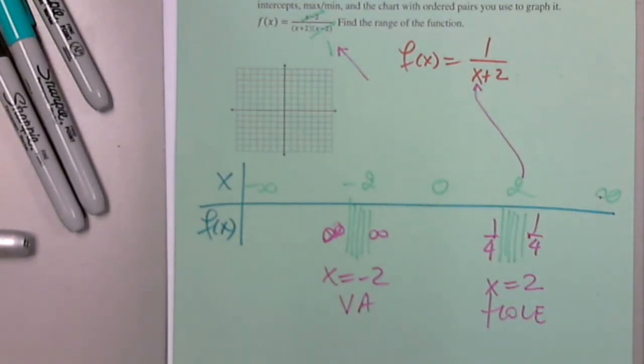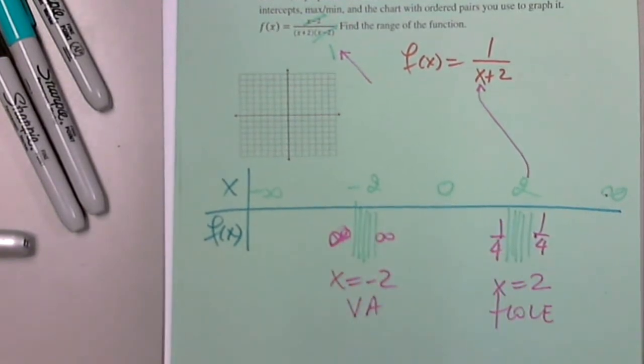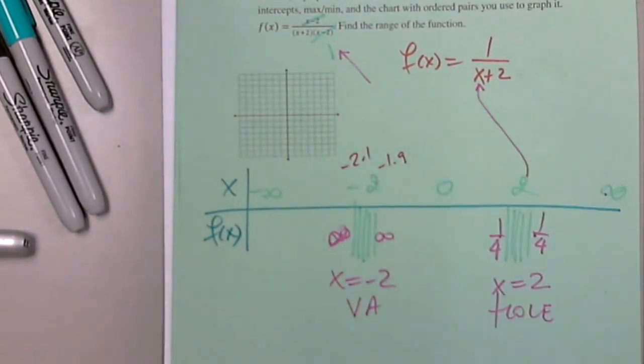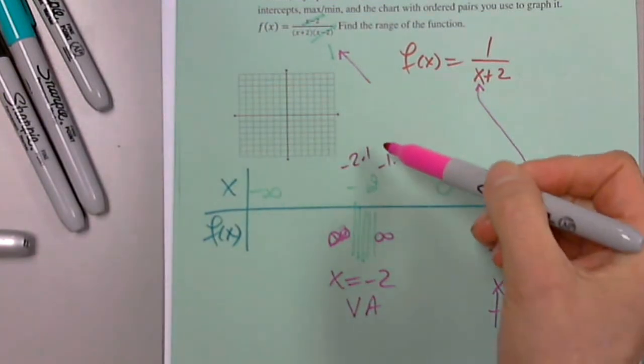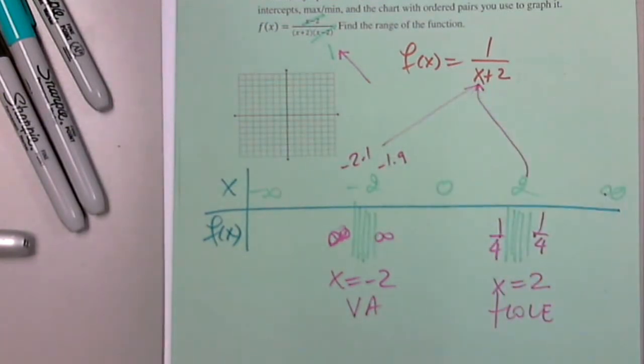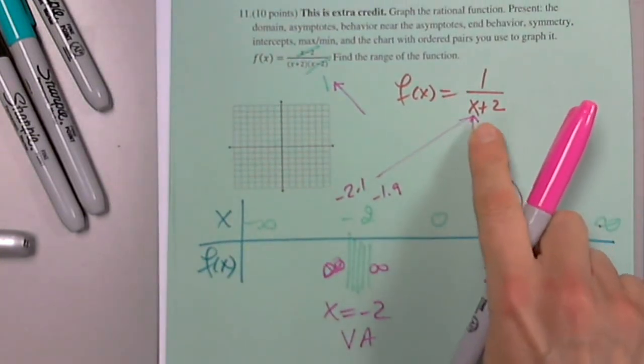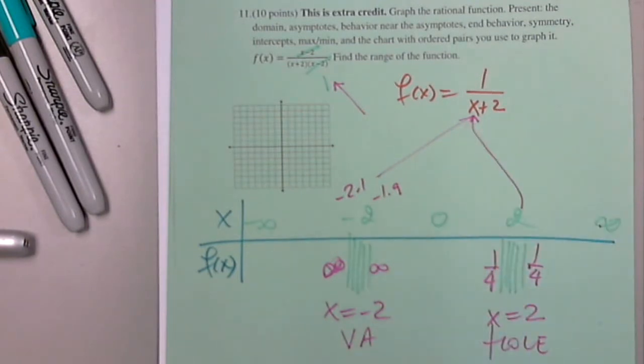So now I need the signs. With negative 2.1 and negative 1.9, I will plug them in here. So plug in and tell me the sign when you plug in negative 2.1 plus 2. What will be the sign in the denominator?